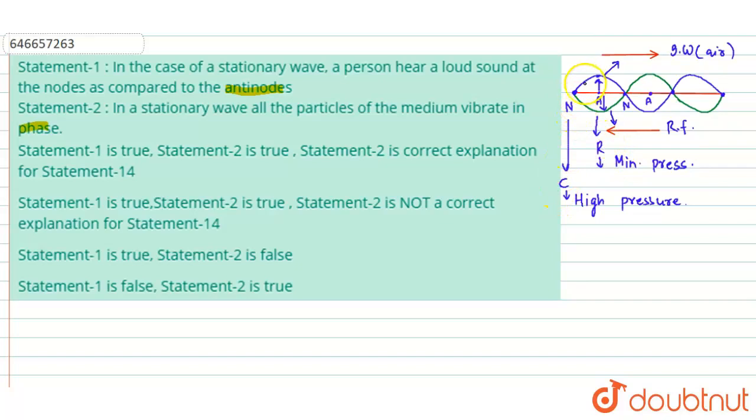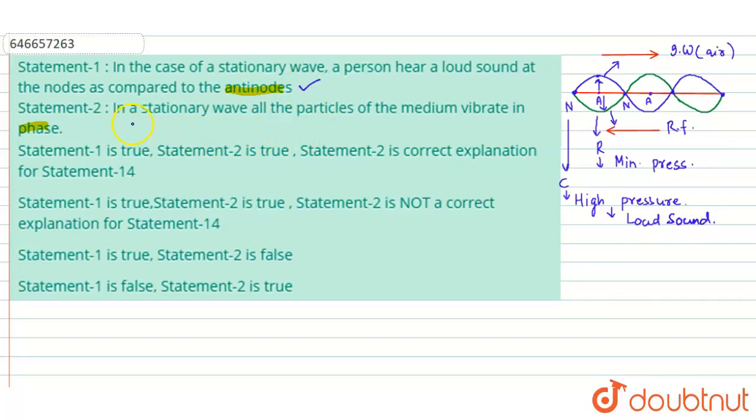And at the node the air will be compressed, so the air particles will be very close to each other, so there will be compression and high pressure. So definitely what we are going to get is a loud sound at the node as compared to the antinode. Statement 1 is true.